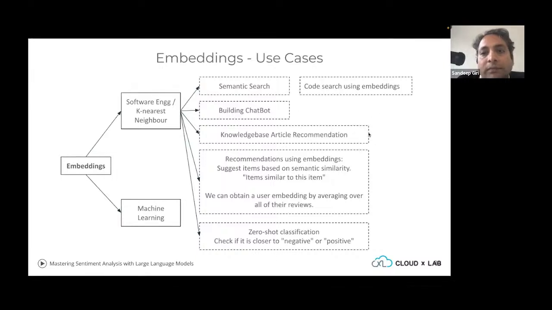And similarly, code search, building a chatbot, you can build your own knowledge article recommendation, and so on. Zero shot classification, or you can say sentiment analysis. This is what we are going to do today.